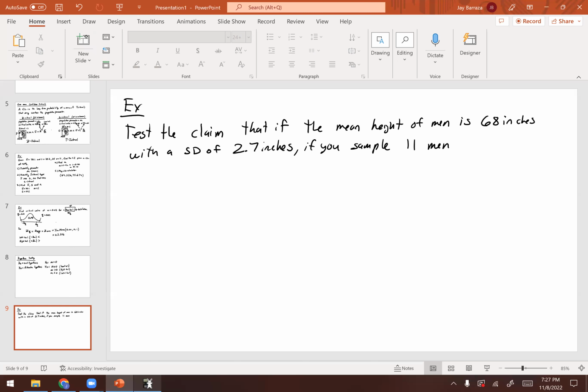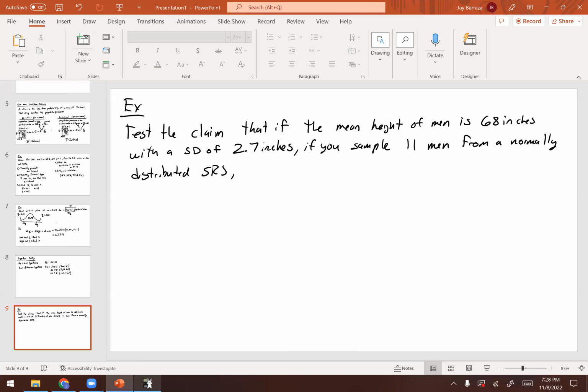If you sample 11 men from a normally distributed simple random sample.